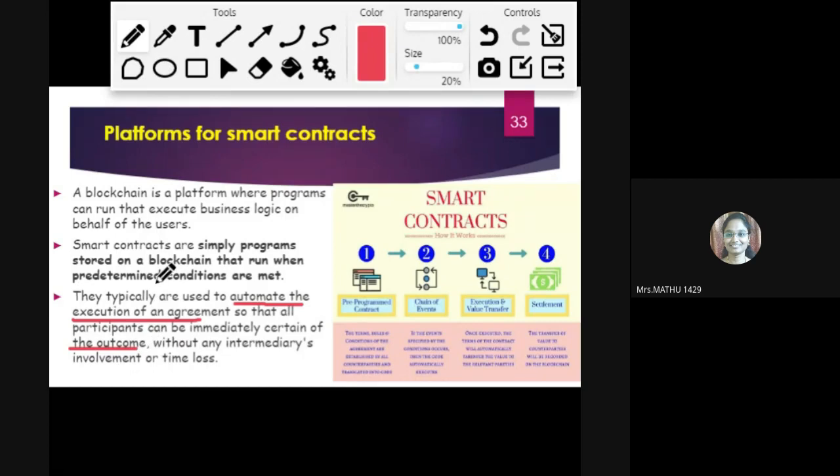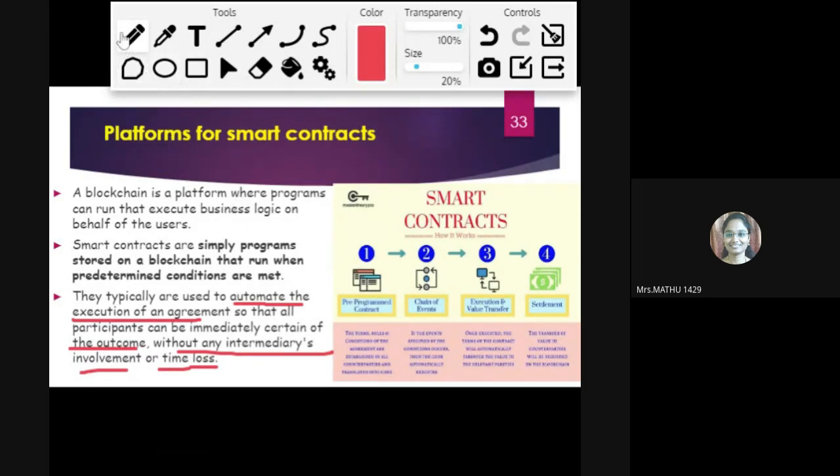So when this program gets executed, immediately the document showing that you are the owner of the land will be available with party B, and the required money will also be available with party A. So without any intermediaries or time loss, this process can be executed.